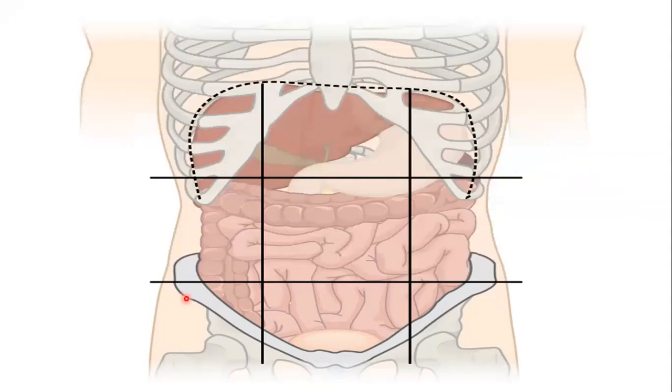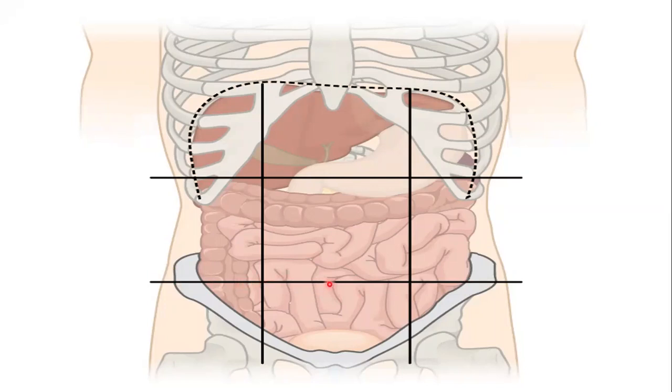Somewhere here we have the anterior superior iliac spine. So you can draw the inferior horizontal line somewhere here, or you can draw it at the level of the iliac tubercle, right, or the iliac crest actually, right? So this is regarding the inferior horizontal line.